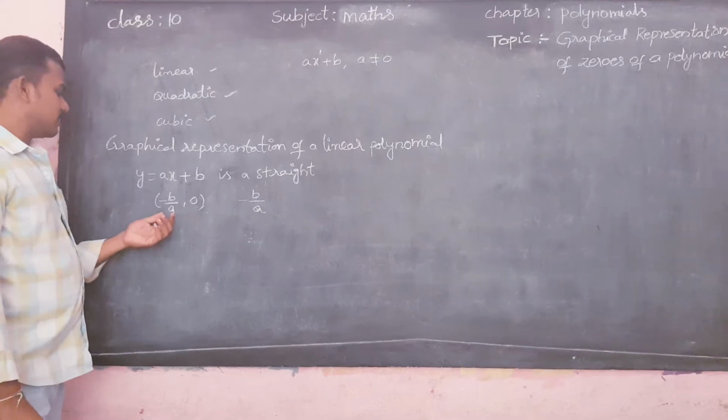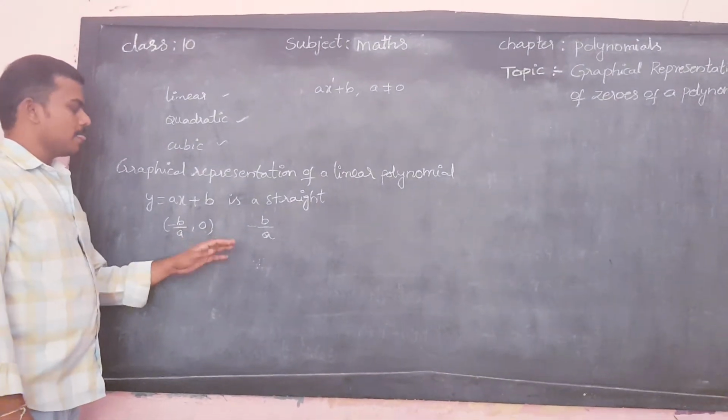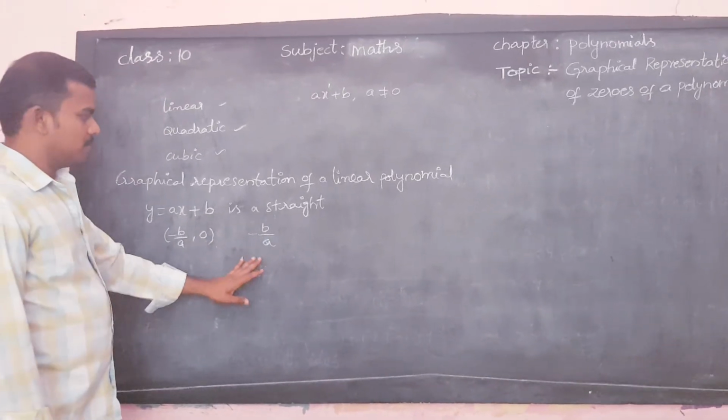It intersects the x-axis at minus b by a comma 0. Its zero is minus b by a. So the graph of the linear polynomial y equals ax plus b is a straight line, and it intersects the x-axis at minus b by a comma 0.